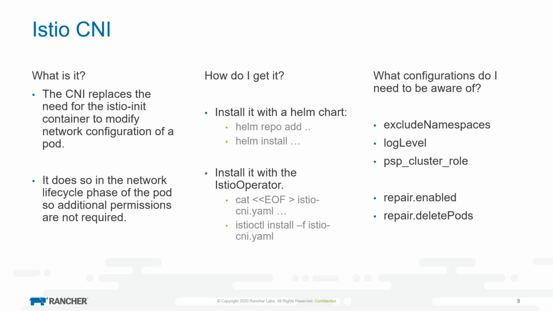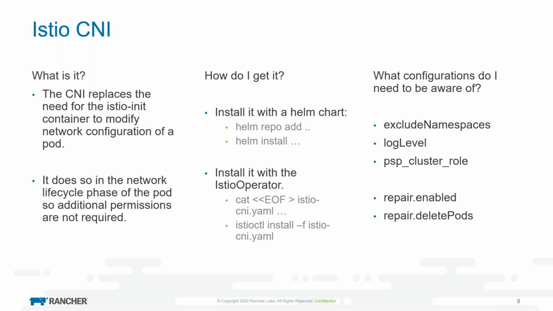I do want to mention here that the istioctl install command is working on a more current version of Istio. If you're going backwards and maybe running Istio 1.3 or 1.4, I think it's istioctl manifest apply at that point. Just to be aware that Istio has made some changes to the way that their CLI tool works.